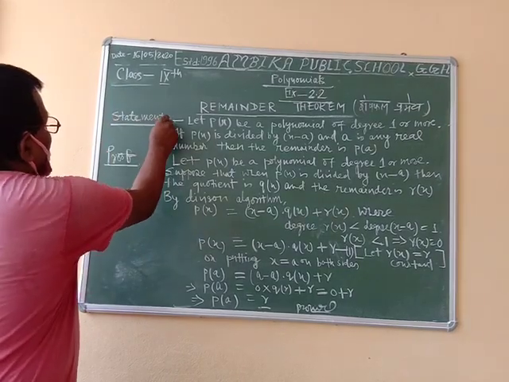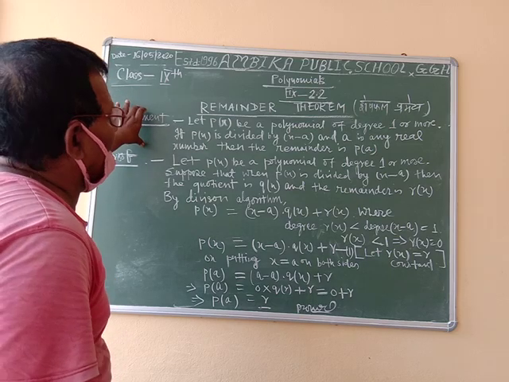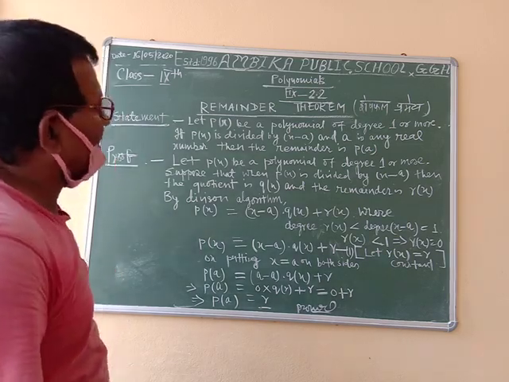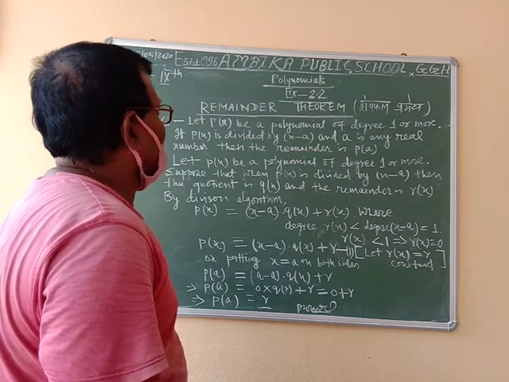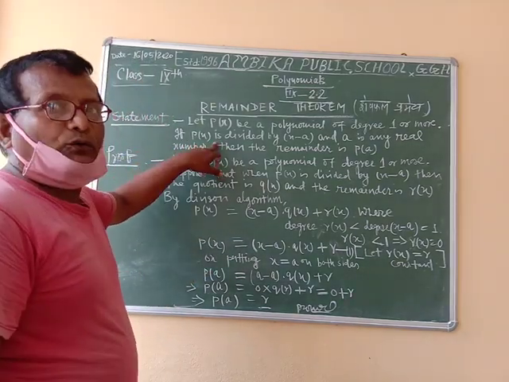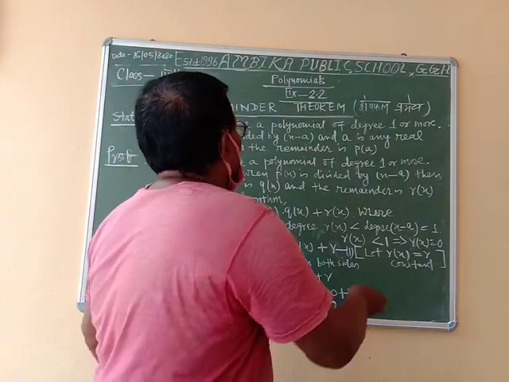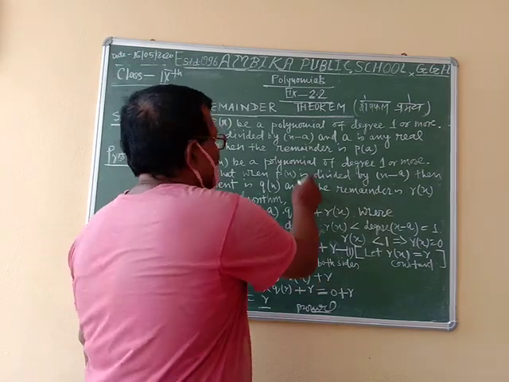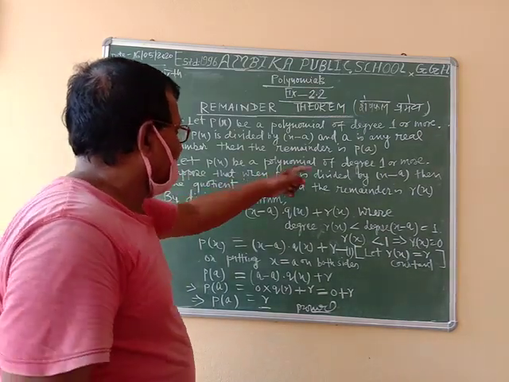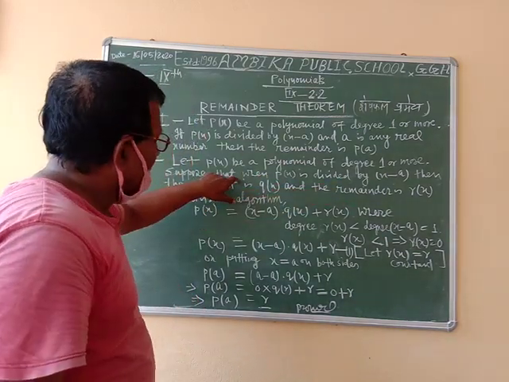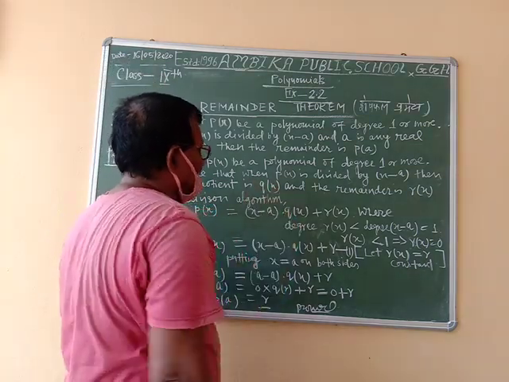Again I clear the statement. Let p(x) be a polynomial of degree 1 या more. मान लिया कि p(x) एक बहुपद है जिसका घात 1 अथवा 1 से बड़ा है. यदि p(x) को x माइनस a से भाग दिया जाए और a कोई वास्तविक संख्या हो तो remainder शेष फल p(a) के बराबर होगा. Suppose that when p(x) is divided by x minus a, then the quotient is q(x) and the remainder is r(x).